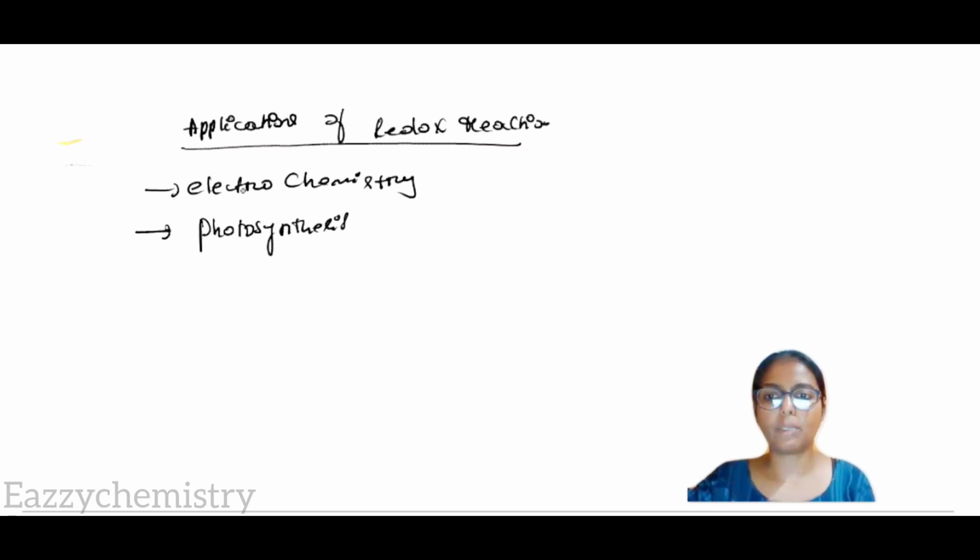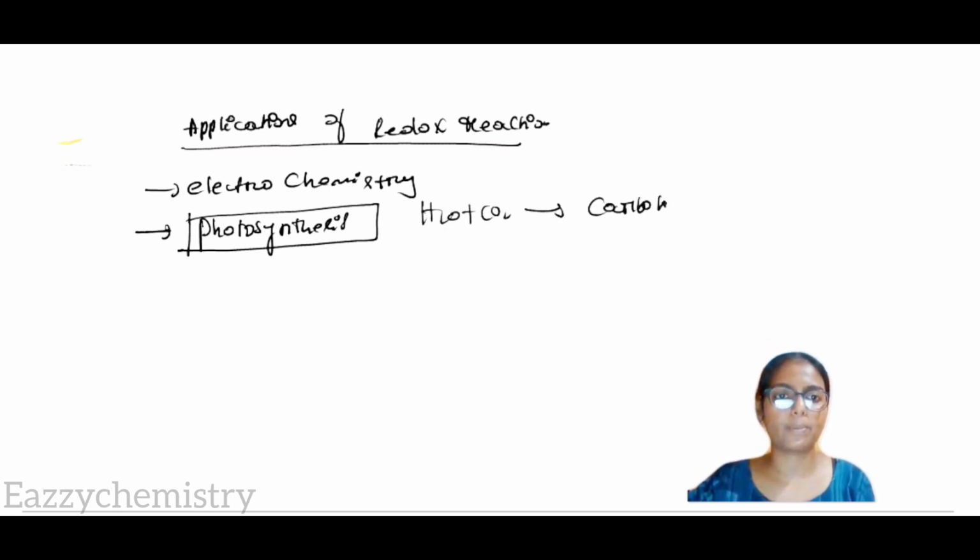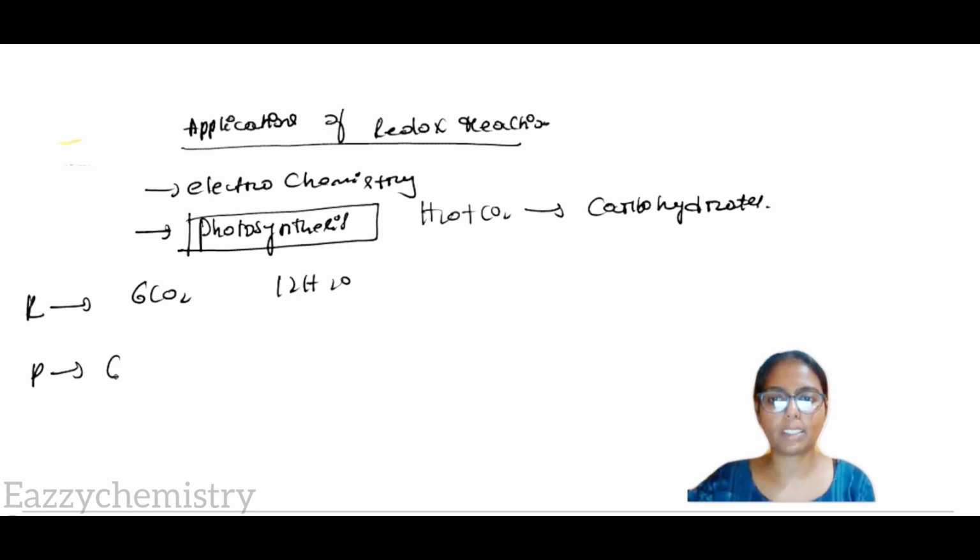We know that green plants convert water and carbon dioxide into carbohydrates, that is glucose. The reactants are 6 carbon dioxide and 12 H2O. The products are C6H12O6 plus 6H2O plus 6O2.